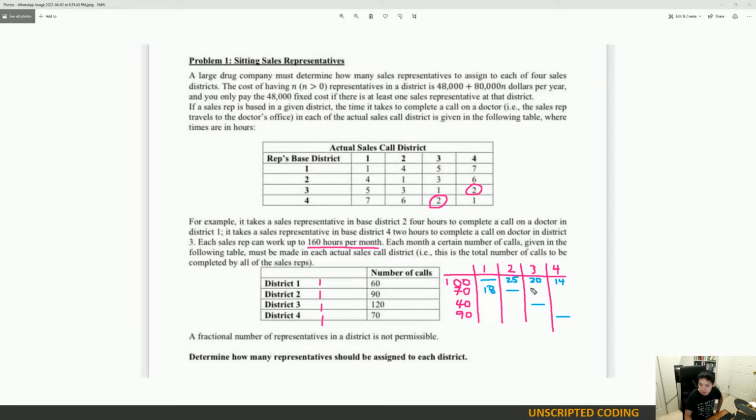Then divided by 3 is 23. Divided by 6 is roughly 12. 40 divided by 5 is 8. Divided by 3 is about 13. And divided by 2 is 20. 90 divided by 7, about 13. 15. And 45. Okay?